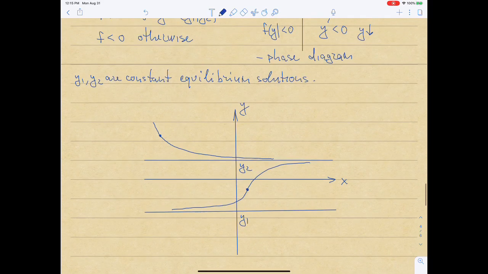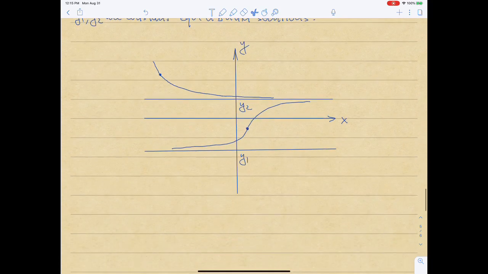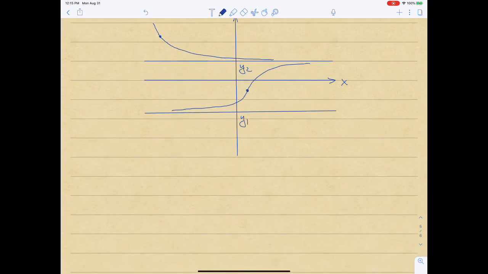Okay, and finally, when y is less than y1, what will happen here? You will have to be decreasing, and again, you're not allowed to penetrate through the line y equal to y1. So the only choice is to have a horizontal asymptote y equal to y1 as x goes to minus infinity, and then continue decreasing.